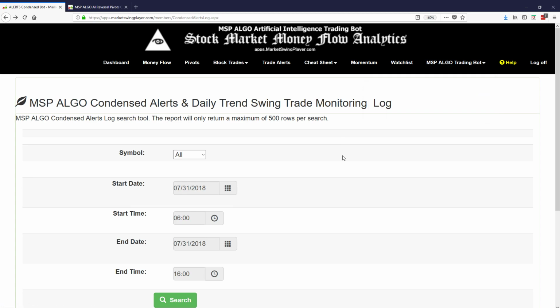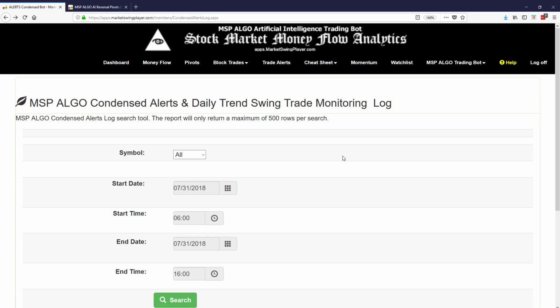And what it does is it logs alerts to this trading log so that you don't have to search individually for a special alert. Right now, we're just tracking measured move alerts, and in the future, we may be tracking the other alerts as well.